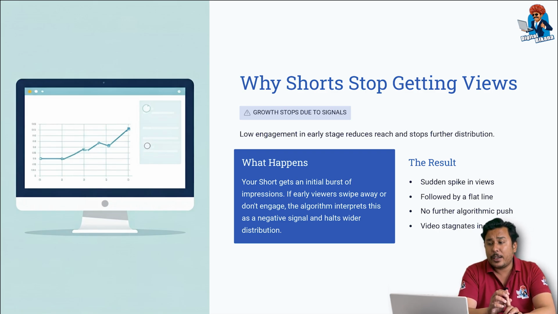So as a result, what you see is a sudden spike in views followed by a flat line, right? So you will get views in the beginning, but then that particular short would not perform well. So basically this is the algorithm, right? The algorithm would not push your short further and your reach would be stagnant.